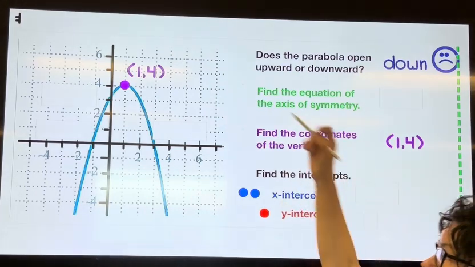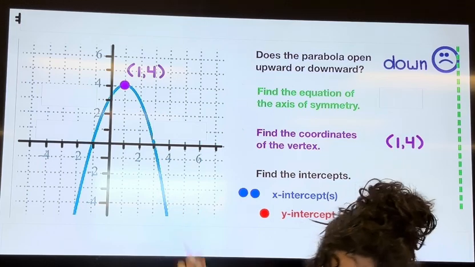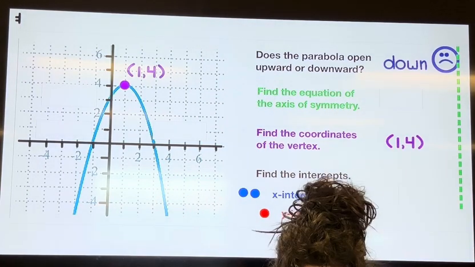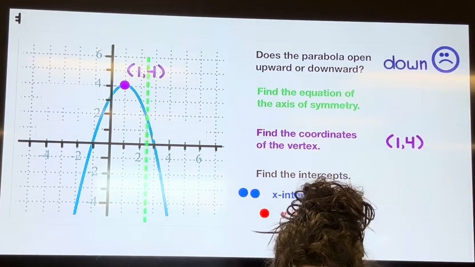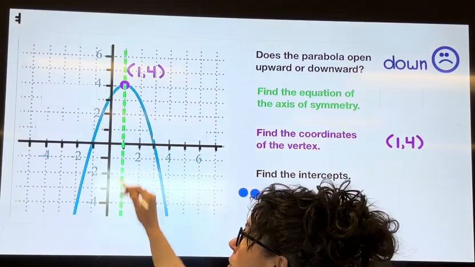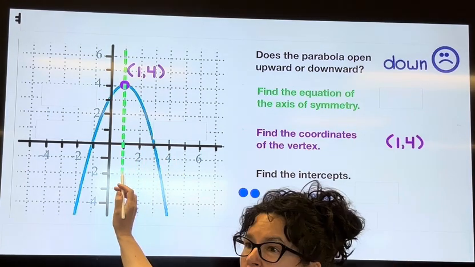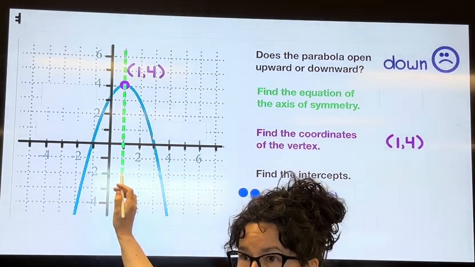The imaginary line that goes through the parabola, where there's symmetry, that's called the axis of symmetry. So this green line, if I folded on that dotted line, everything would match up. So that's called our axis of symmetry.